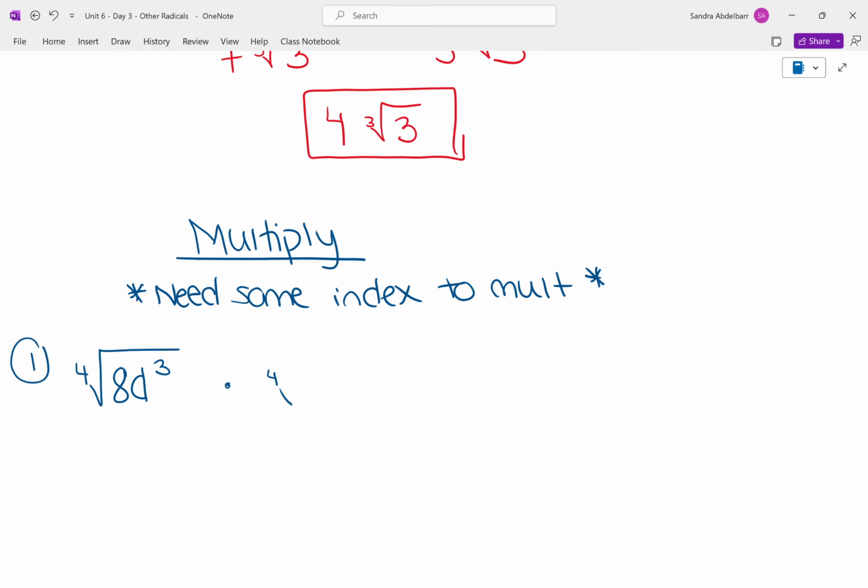Okay, so let's say I have the 4th root of 8d to the 3rd times the 4th root of 10d times the 4th root of d to the 2nd.